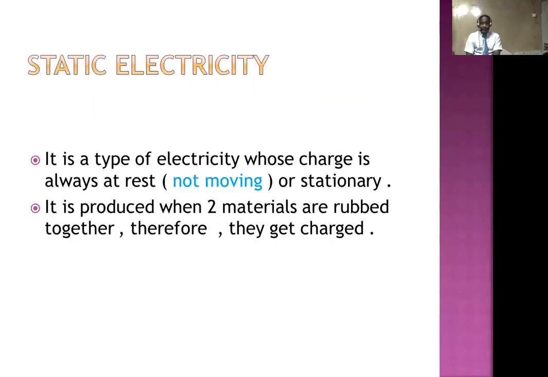Static electricity is produced when two materials are rubbed together, therefore they get charged.